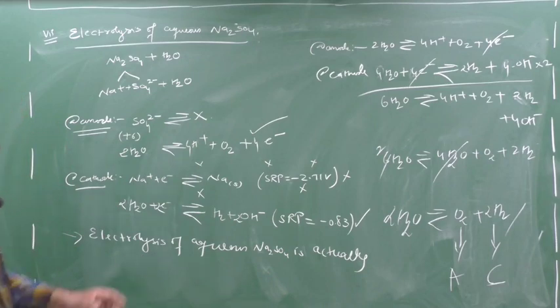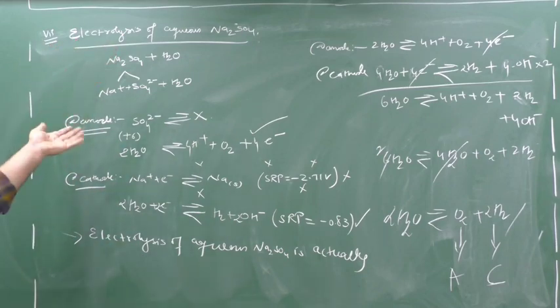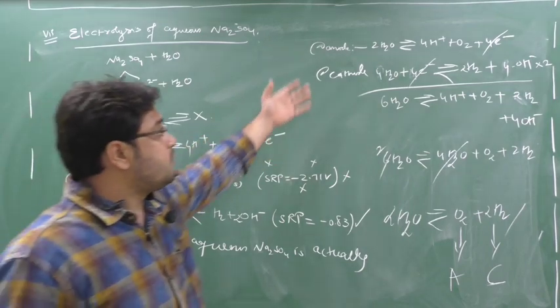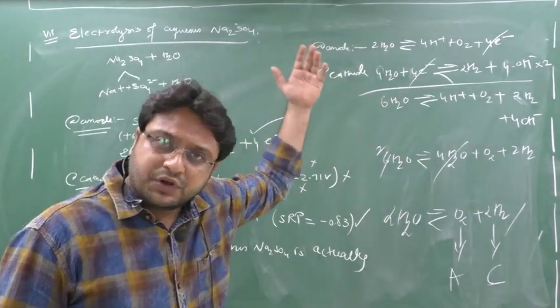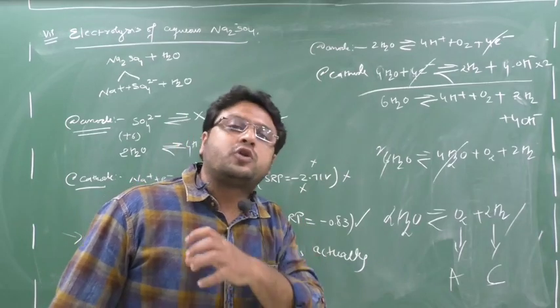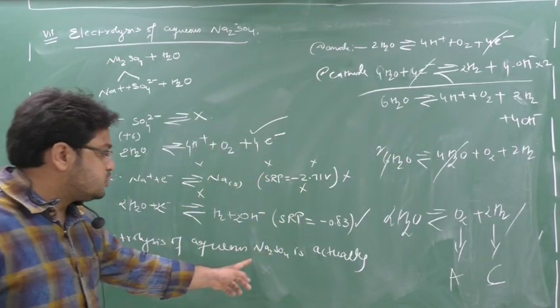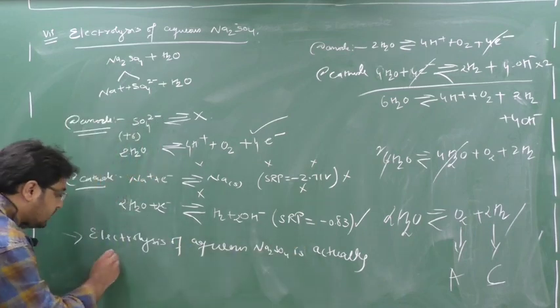In aqueous Na2SO4 electrolysis, SO4 2- and Na+ are not doing the reaction themselves. Who is doing the reaction? Water is undergoing oxidation and water is undergoing reduction. So final conclusion, we can say that electrolysis of aqueous Na2SO4 is actually electrolysis of water only.